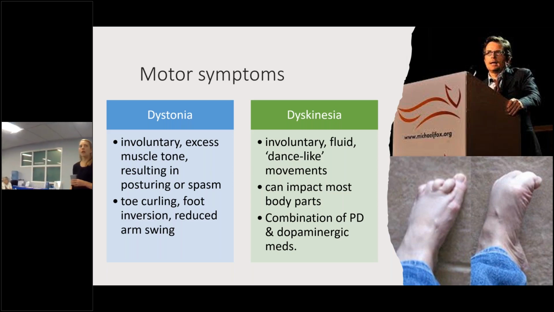I have people who call it my head bobble or my shoulder wiggle or my leg jiggles around. I usually tell people, have you seen Michael J. Fox recently? Because one of the complications of his treatment plan is that he struggles with dyskinesias.